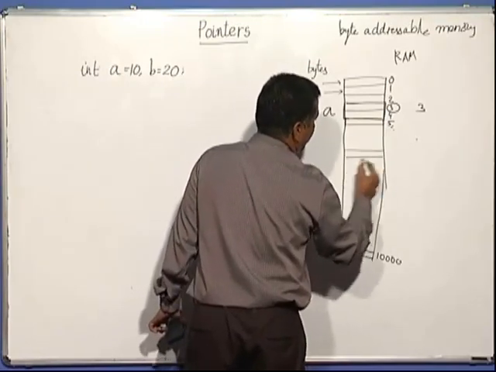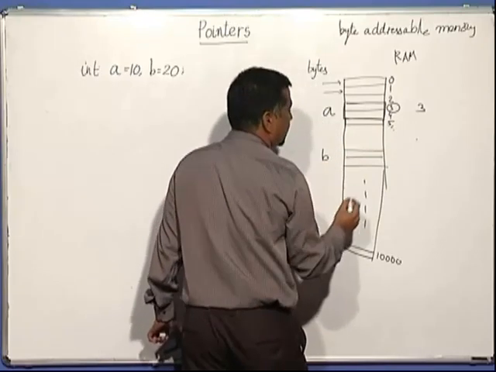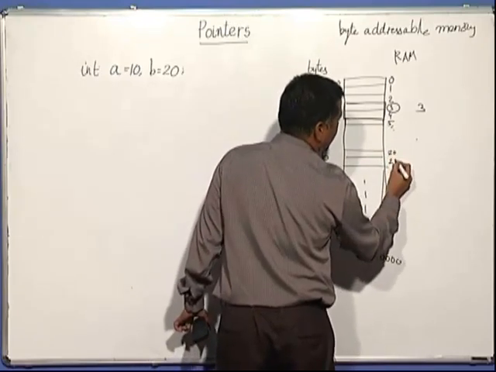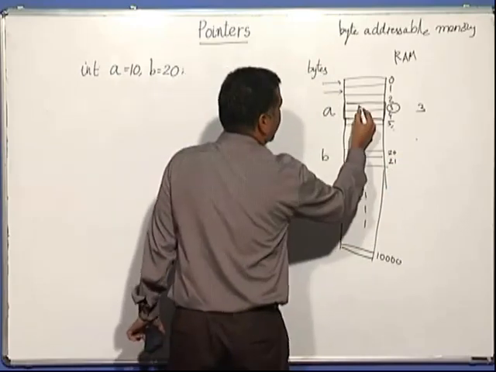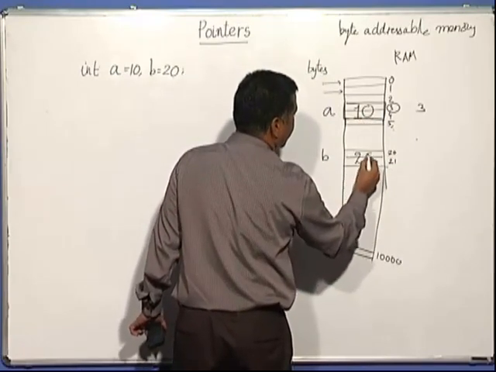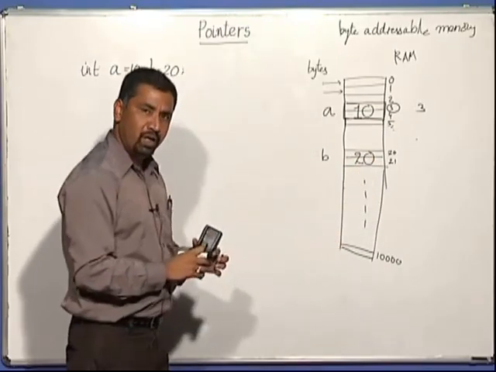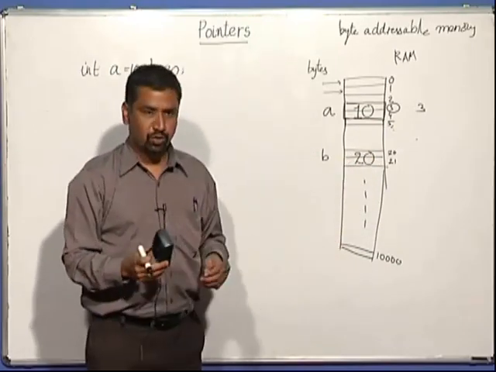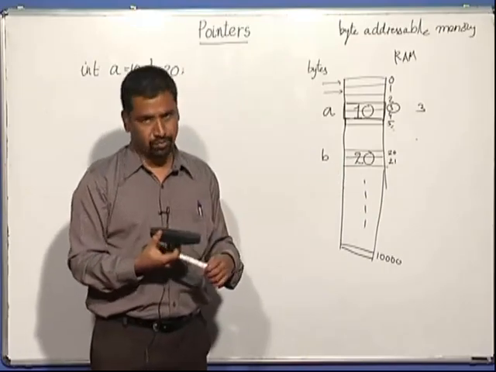And somewhere B is allocated. Let us say this is the 20th and 21st bytes. A has been given a value of 10, and of course, a bit pattern corresponding to the value 20 would be stored in these 2 bytes starting at 20. That is the situation.